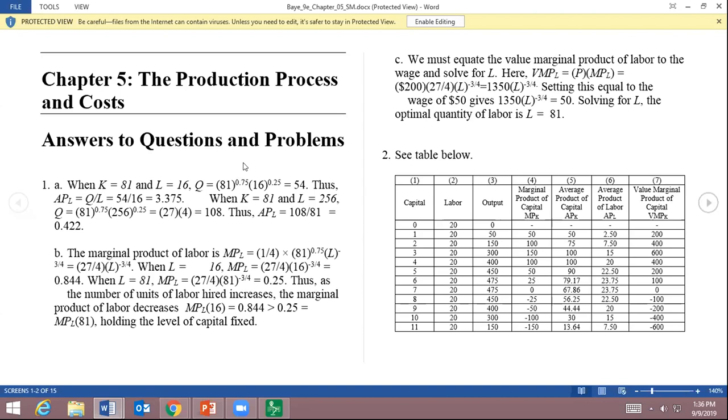So then our value of marginal product of labor would be equal to price times 1/4 K over L to the 3/4. And we know that we have to set this equal to the wage.